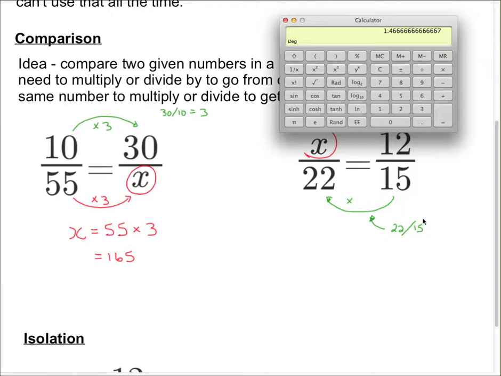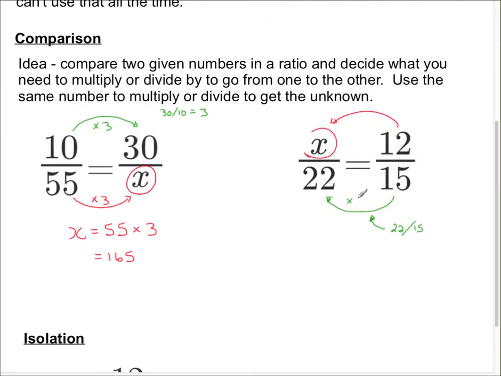1.466666 repeated. Now, that's yucky. I'm going to round it to 1.467, just to leave a few decimal places. And so in order to figure out x here, I say x is going to equal 12, because 12 is what I start with.